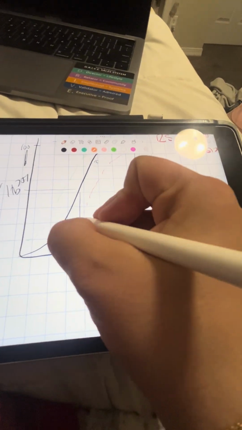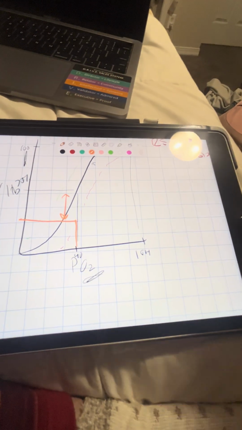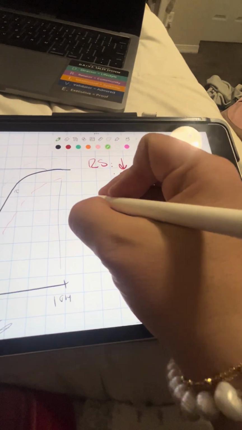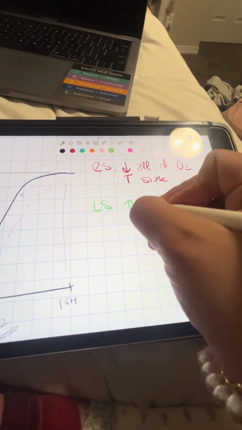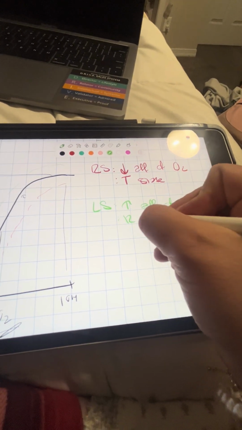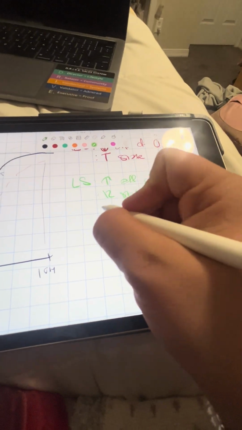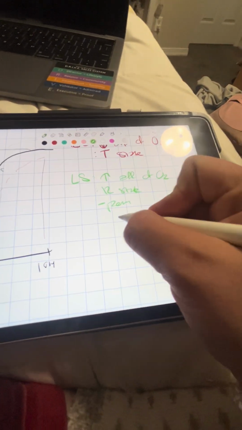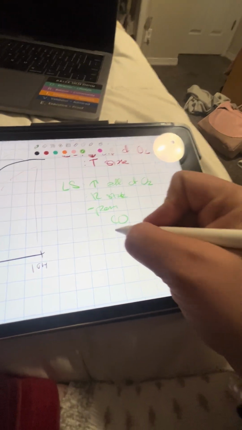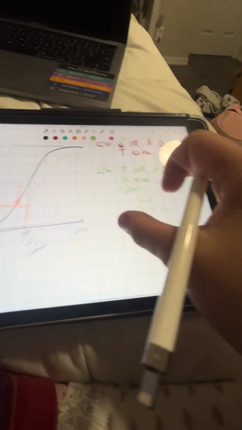Because if I was at here, then you got this much more oxygen release because it's no longer with your hemoglobin, okay? My left shift is going to have an increased affinity for oxygen, meaning I'm going to be in my R state and I'm not going to want to let go. Things that cause a permanent left shift are going to be carbon monoxide poisoning or fetal hemoglobin. They're going to hold on to the oxygen very well.